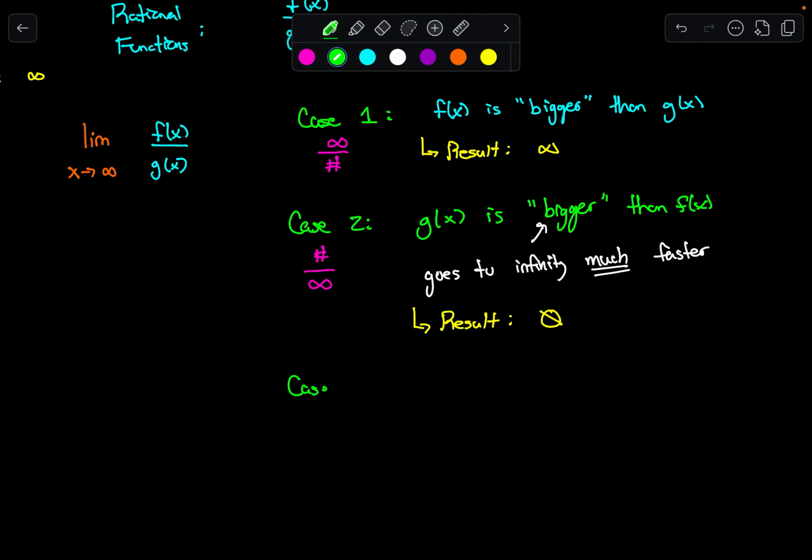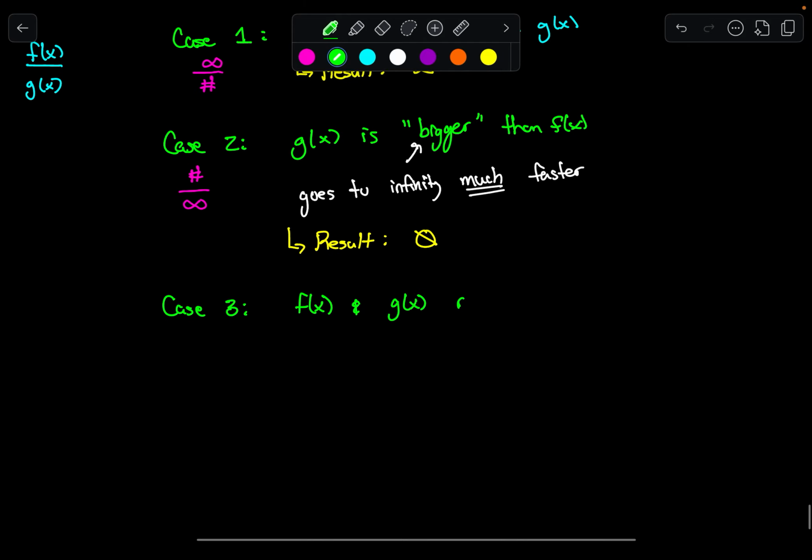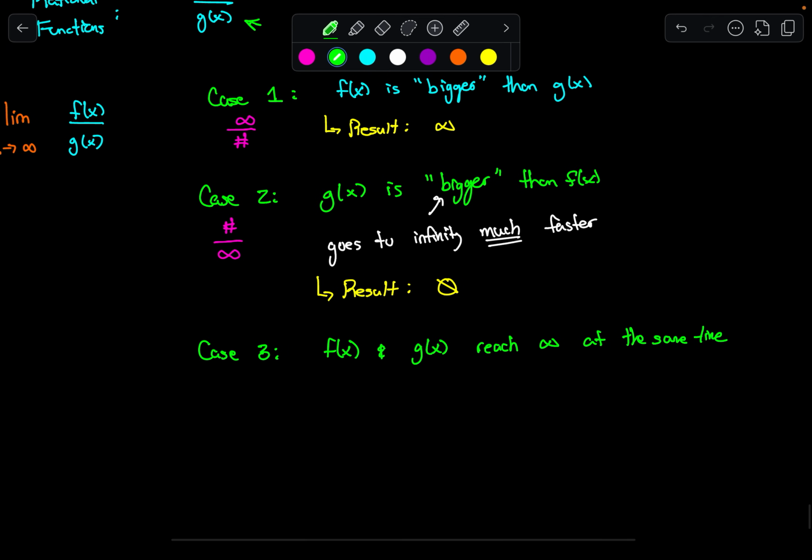Now, case 3 is kind of interesting. Case 3 is the following, and it's where f of x and g of x grow at the same rate, or maybe I'll say they reach infinity at the same time. In this case, you may recall that there is a special case where we don't end up with infinity as one of our horizontal asymptotes, and we don't end up with 0 either.